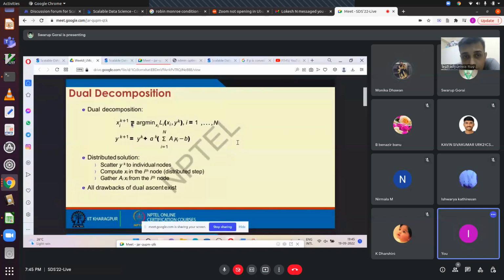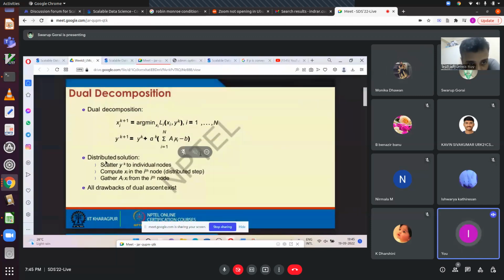If the function consists of n decomposable parts, then the loss consists of n decomposable parts, and therefore the argmin computation can be done separately in n different parts. Then you have n values xi for i equal to 1 to n, and you can combine them to get the summation over Ai xi, which is required for y. So at the end, you combine them.